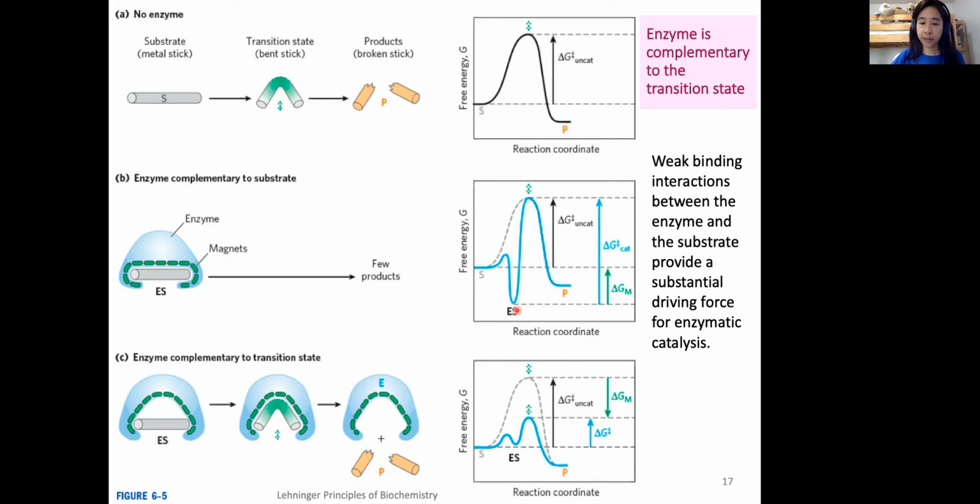So instead of starting from the higher energy substrate and then getting into the transition state with this much activation energy, once the enzyme lowers the energy of the substrate, your activation energy, the blue line right here, will be longer than the activation energy without the catalyst.